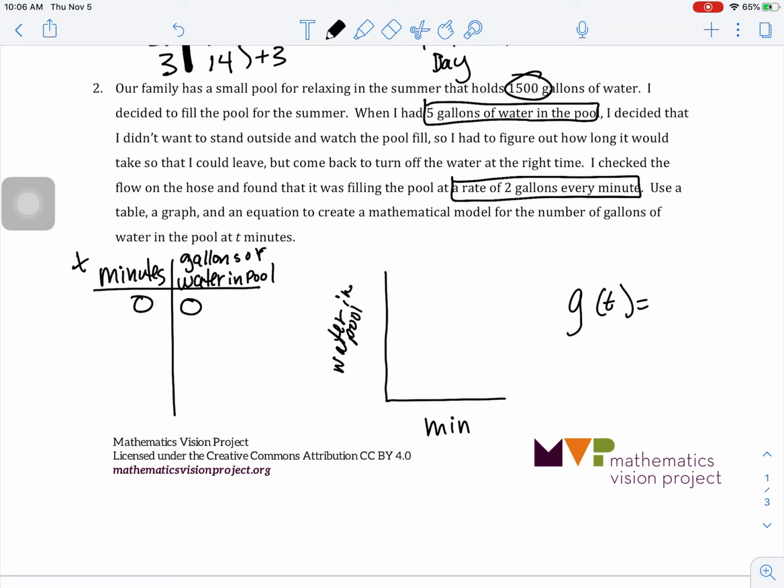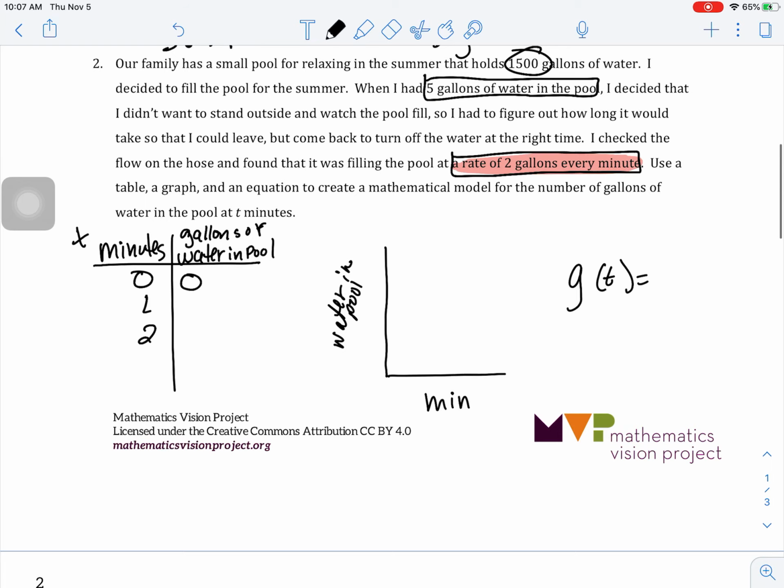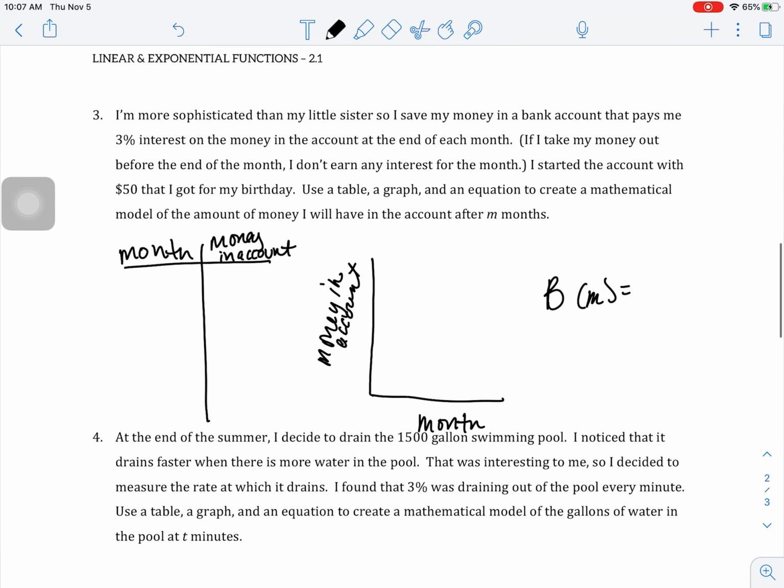And then she tells us that this has a rate, which is our action, of 2 gallons every minute. So at 0 minutes there was no water. At 1 minute there was how many gallons, right? At 2 minutes there was how many gallons. So make your table, make your graph, write an equation. Notice as I'm reading, I'm highlighting this key information.